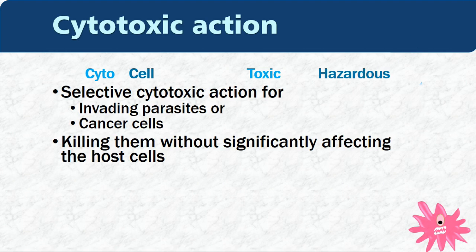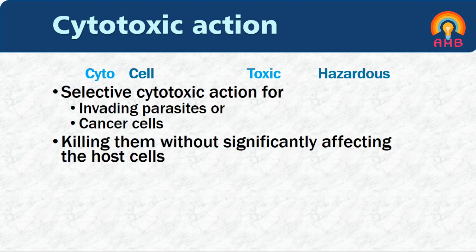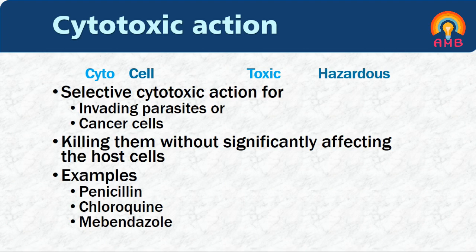And in cancer also, we take drugs to kill the cancerous cells. So that is again cytotoxic action. Examples are antibiotics like penicillin, chloroquine, mebendazole, which can be used in various infectious diseases, and cyclophosphamide, which is an anti-cancer drug used in the treatment of cancer. These drugs have cytotoxic action.